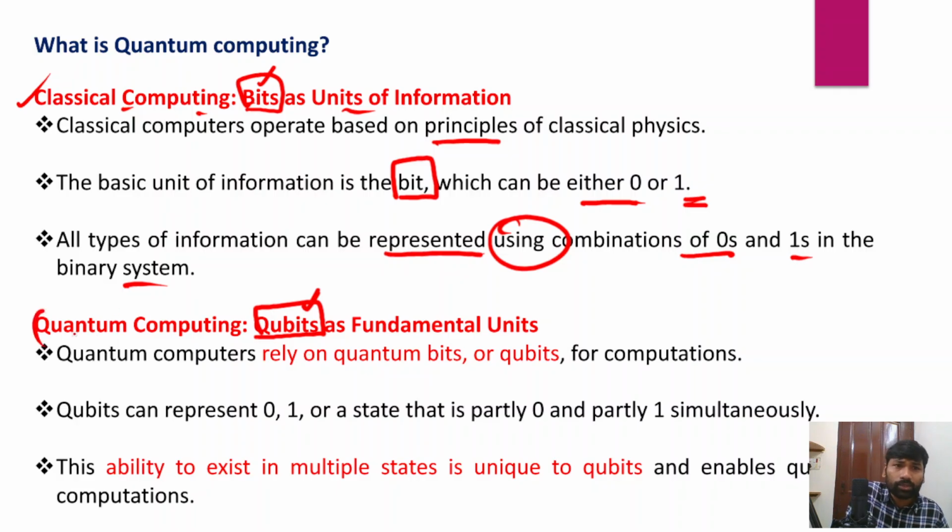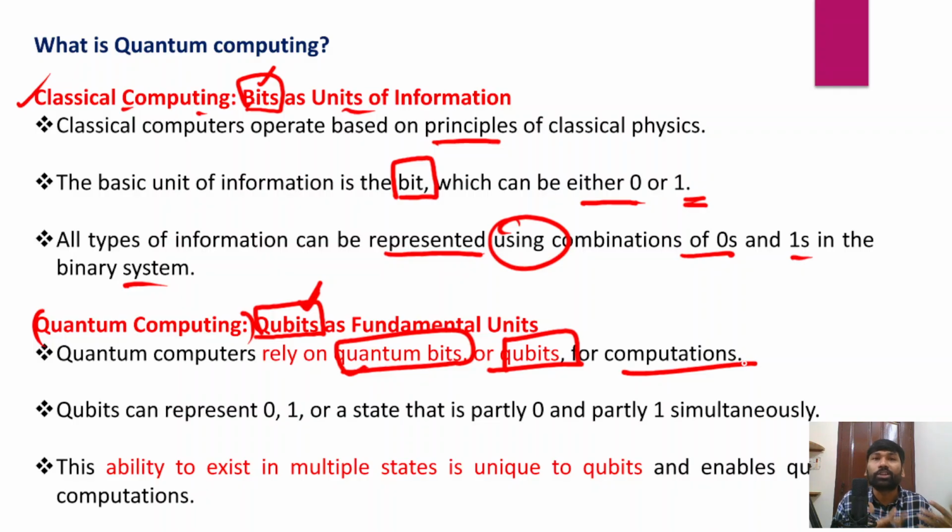Now, what is the advantage of quantum computers in comparison to classical computers? As I have already told you, quantum computers use qubits as the fundamental units. In fact, these quantum computers rely on quantum bits, also called qubits, for computations. Qubits can represent 0, 1, or a state that is partly 0 and partly 1 simultaneously.